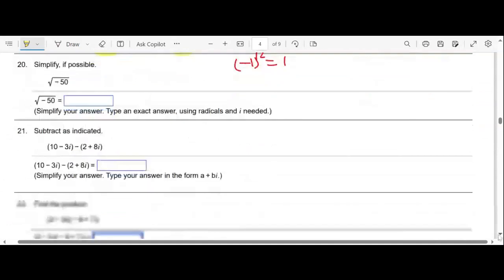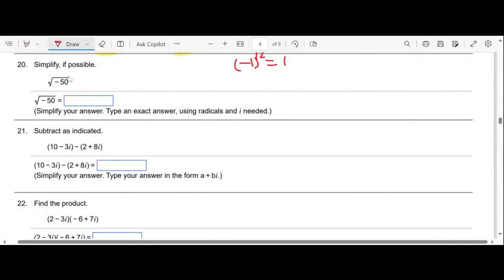Number 20. Simplify if possible. We said we are not allowed to leave negative under the square root, so we have to split this. What's the square root of 50? We have to split it into a perfect square number and the remaining. What's the remaining? 2, correct?